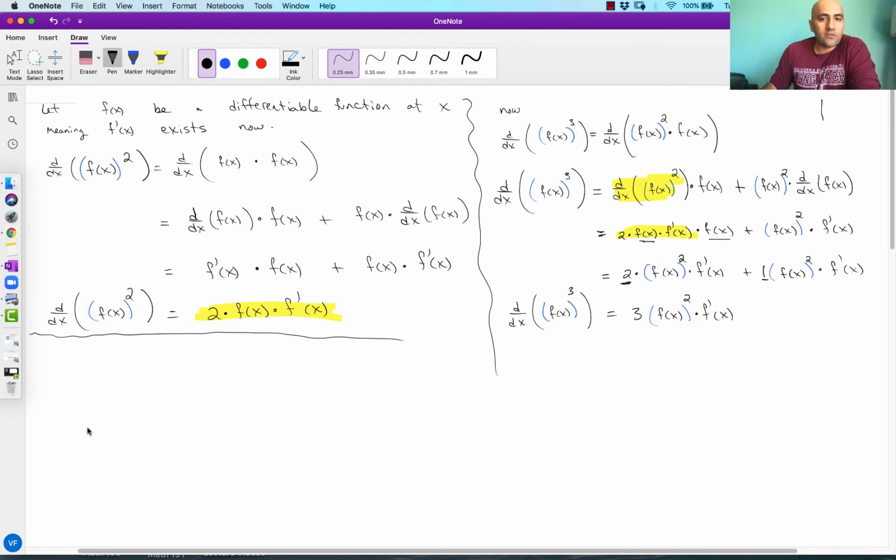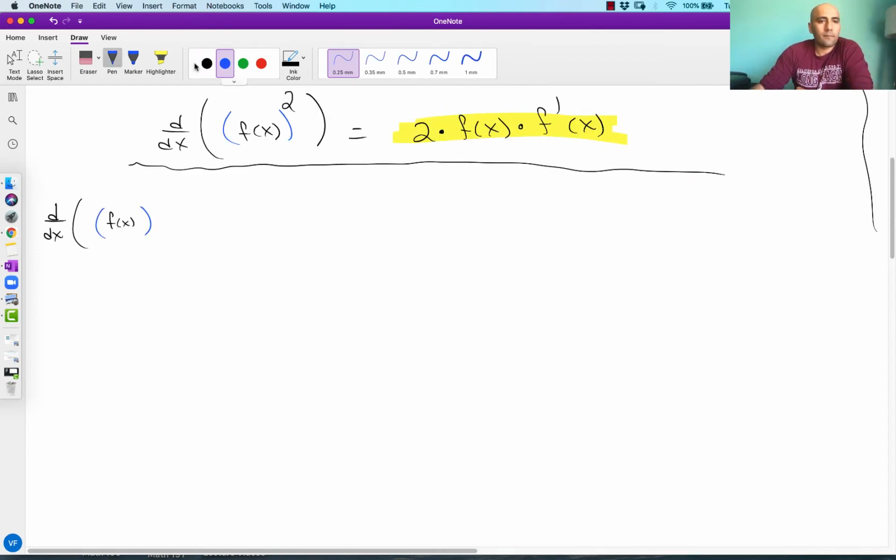Okay, so last one I'll do is let's figure out what happens when it's raised to the power of 4. So now find the derivative of f of x to the power of 4. Well, just like before, we're going to do a clever separation here.